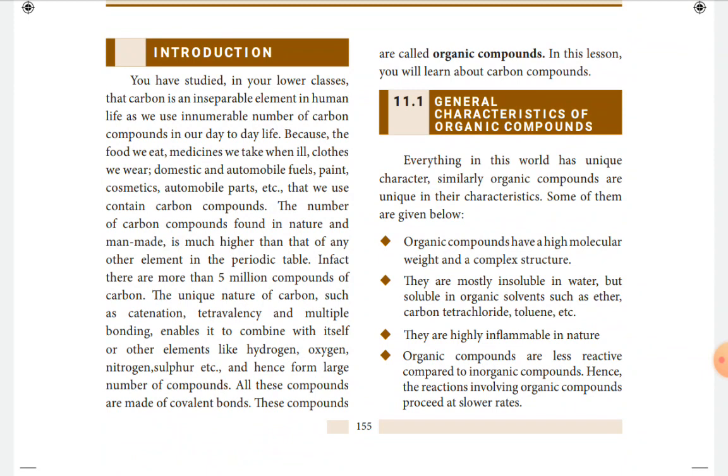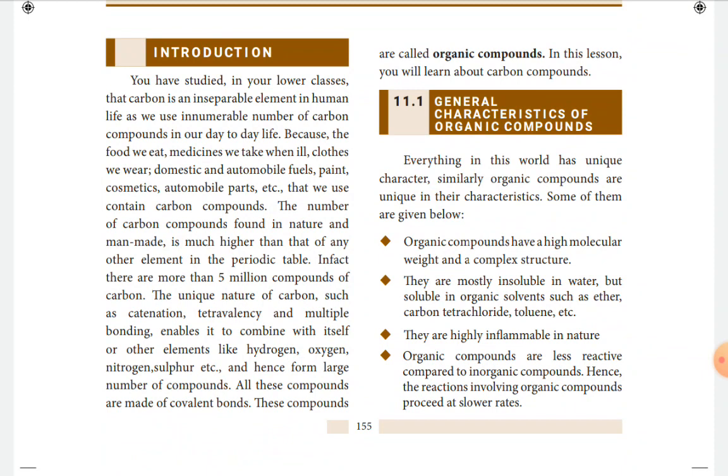We use vessels for cooking, eating, cutlery items, glass tumbler, pottery items, food, book, clothes, domestic and automobile fuels, paints, cosmetics, automobile parts. So all these contain carbon as a main constituent. So wherever we go, in every walk of life, carbon plays a very important role.